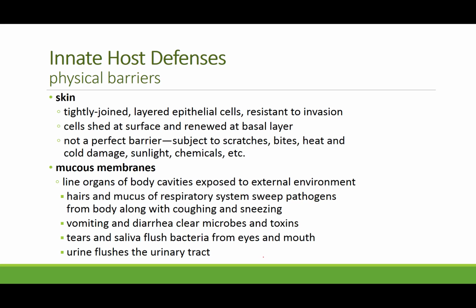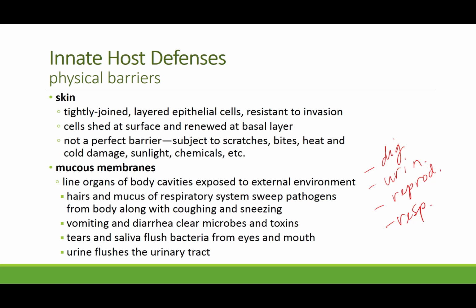So when we think about mucous membranes, we find them in the digestive tract, in the urinary system, in the reproductive system, and in the respiratory system. So those 4 body systems all are lined with mucous membranes.